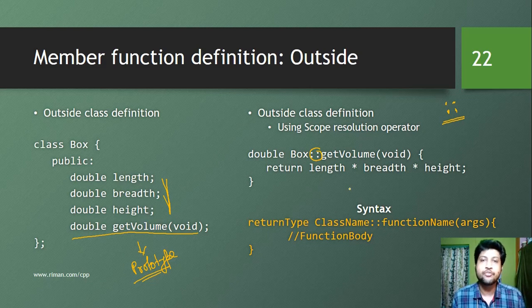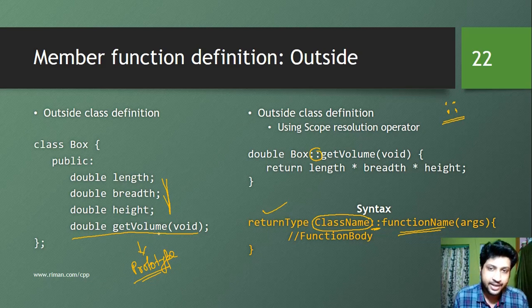The syntax for defining a member function outside the class is: the return type, which will be the same as in the prototype. Then we have to mention the class to which the function we are going to write belongs. Then the scope resolution operator, that is these two colons one after another, and then we write the function name, getVolume in this case, and our argument list.